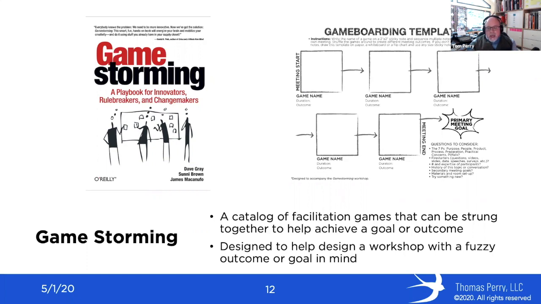So not just being a catalog, what you do is you use certain practices for collecting data. You use a different set of practices and tools for interpreting the data. You use a different set of practices and tools for coming to conclusions and reaching some sort of objective. And so it becomes an assembly process where you have a catalog of different techniques and you assemble them based on the kind of outcome or goal that you're trying to achieve.